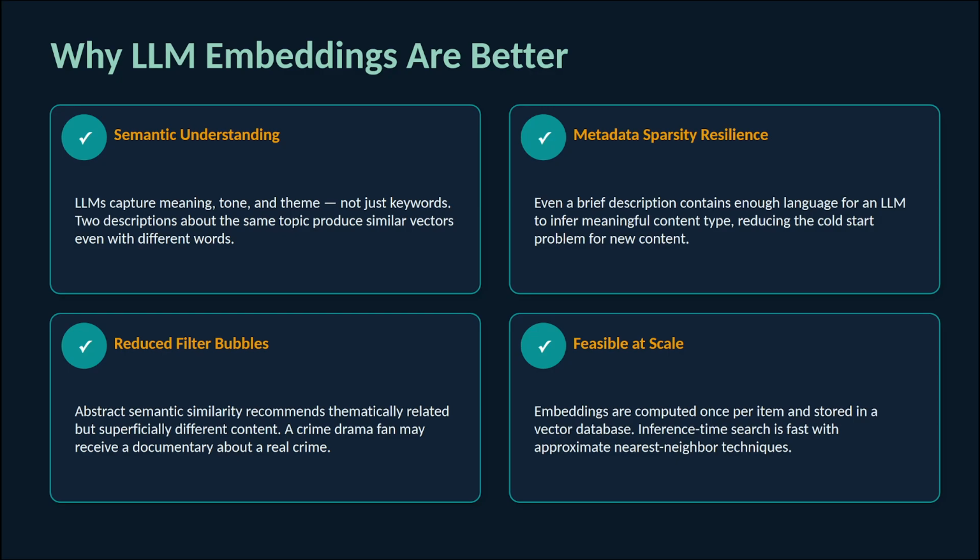And third, they reduce filter bubbles because the similarity is based on abstract themes rather than keywords. A crime drama fan could get a crime documentary that they would have never found otherwise. And fourth, it's feasible at scale. Embeddings only need to be generated once per item and are stored in a vector database.